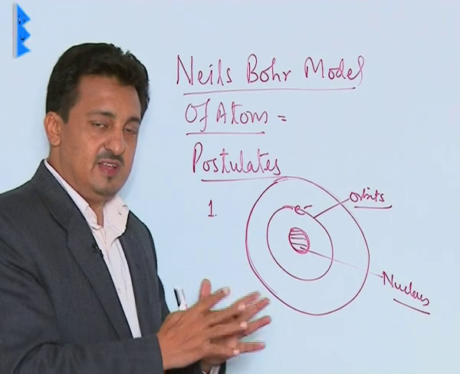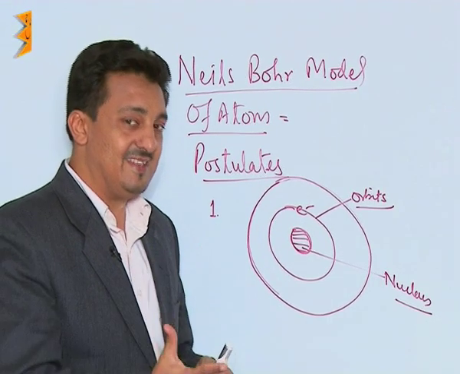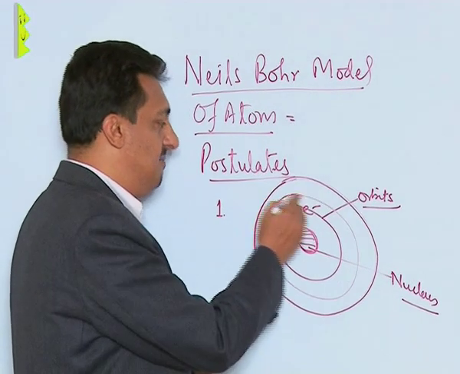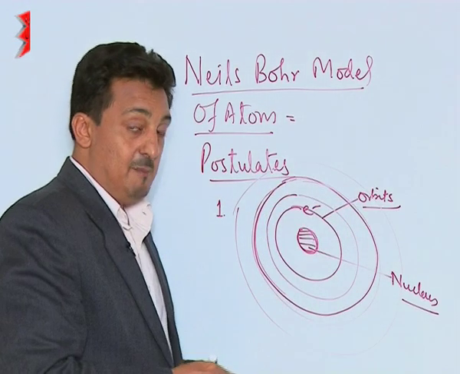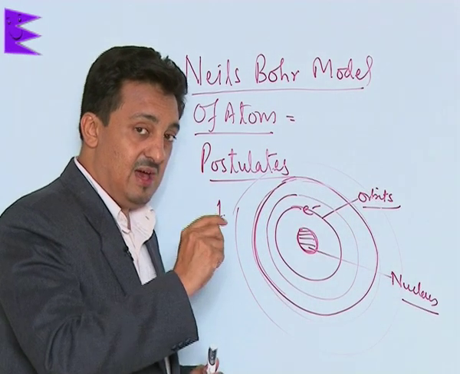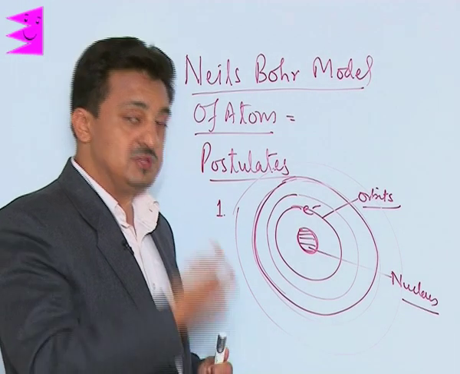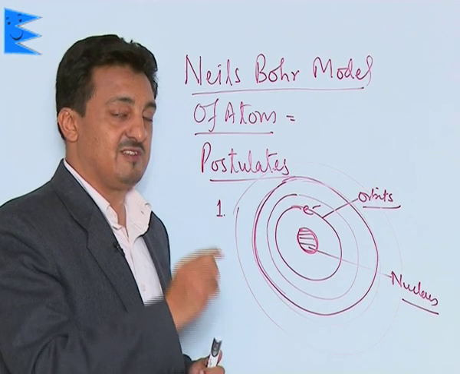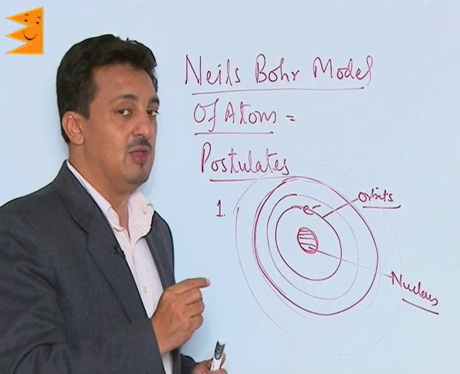The biggest advantage of Niels Bohr's model is that he was the first one who used the word quantized. He said that around the nucleus there can be an infinite number of paths, called orbits, but electrons will exist only in those orbits in which they have a certain fixed quantized energy as well as a certain fixed angular momentum.